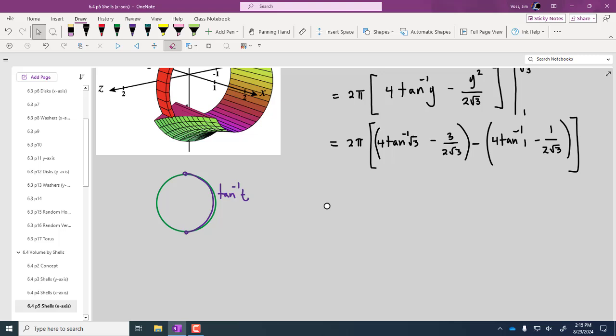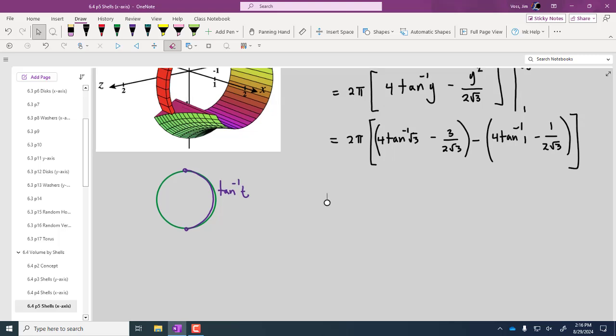Arccosine is the one that's on top. So the way you should be reading arctan of root 3 is the angle on the right side of the unit circle with a tangent value of square root 3. And this one is the angle on the right with a tan value of 1. That's how you should read it.